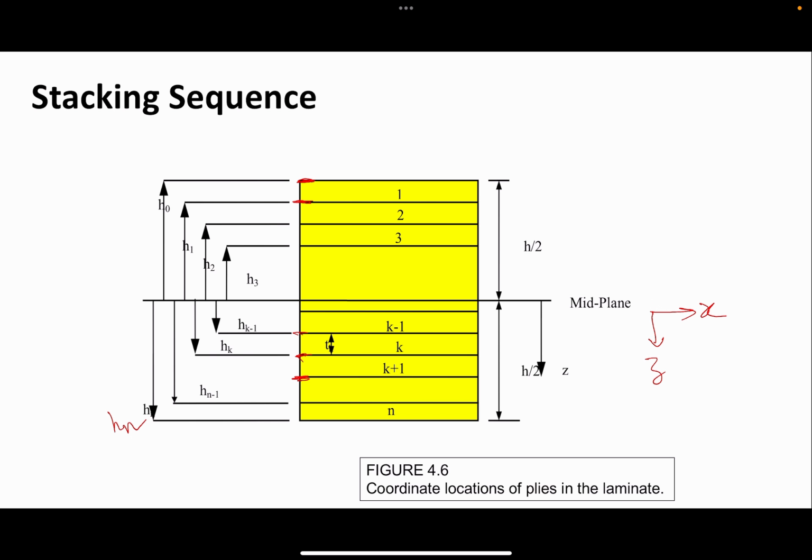For example, this is h1, this is h1 minus 1. And we usually assume the thicknesses to be equal, t1 equals t2 and so on up to tn. This is one of our major assumptions as well.